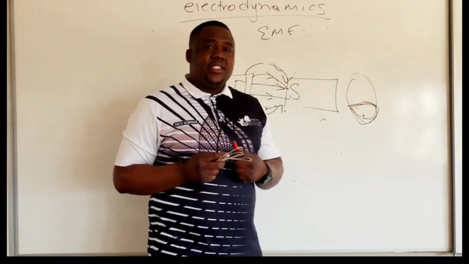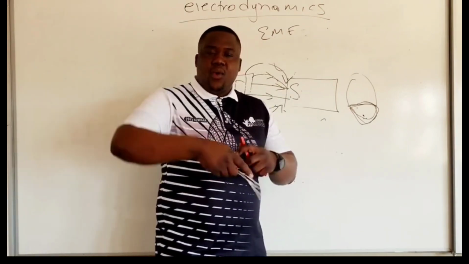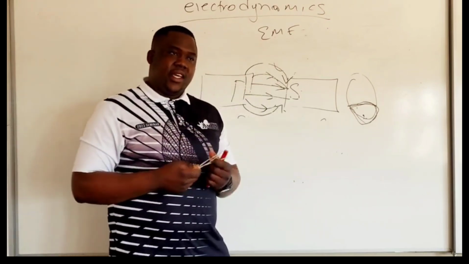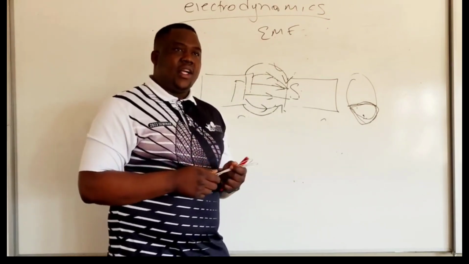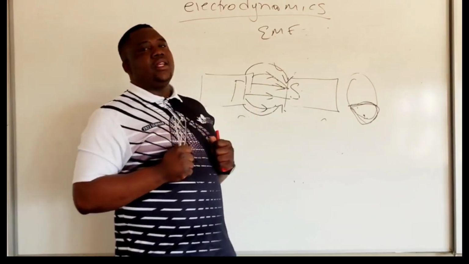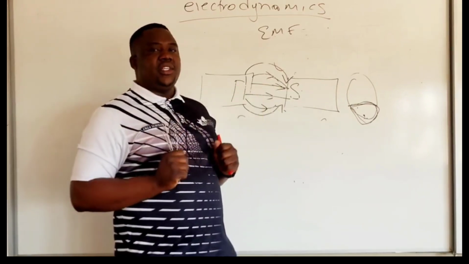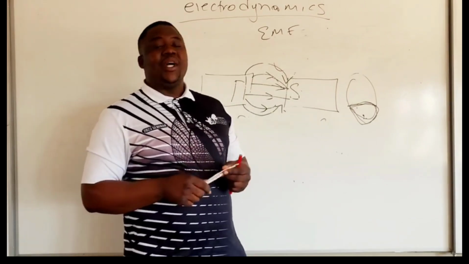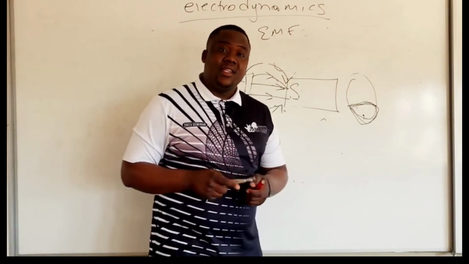When this voltage is generated in the wire, remember that the voltage, as we did in electric circuits, does what? It drives charges. Electromotive force drives charges. It causes charges to start to move. And remember, those charges is what we know as current.